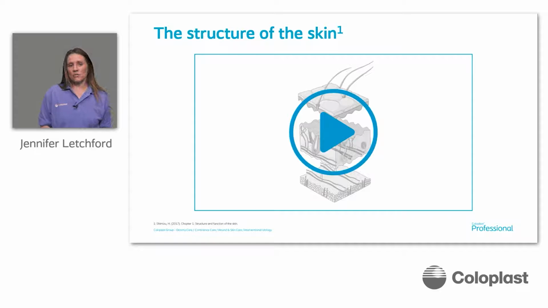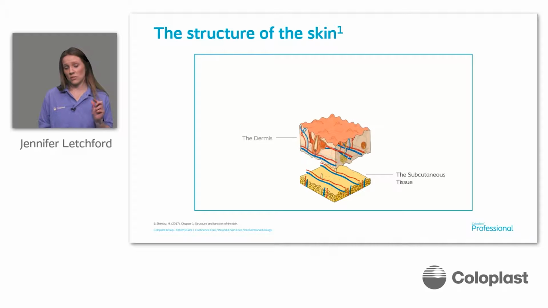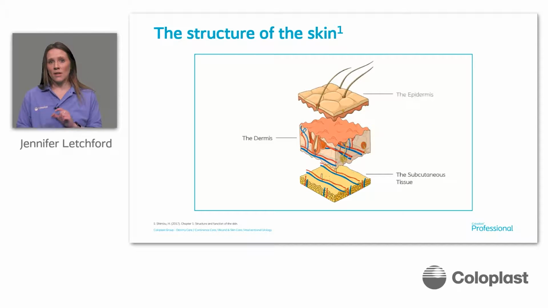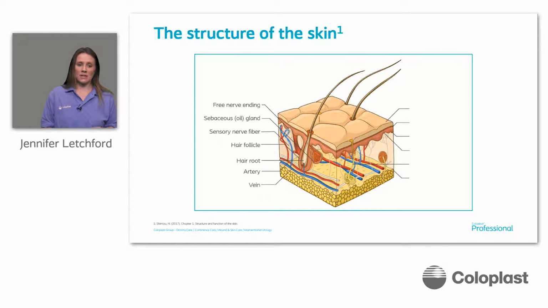So the structure of the skin, you can see here, and if we start with the subcutaneous tissue, that's the bottommost layer of skin. Then we look at the dermis and the epidermis on the top. You can see a variety of structures that are within the skin and within this organ.